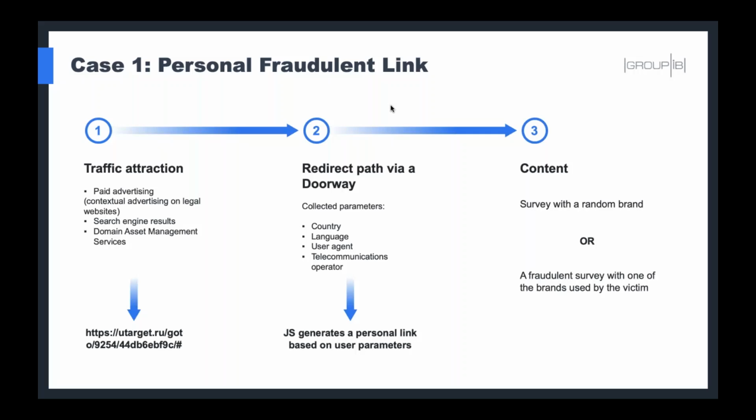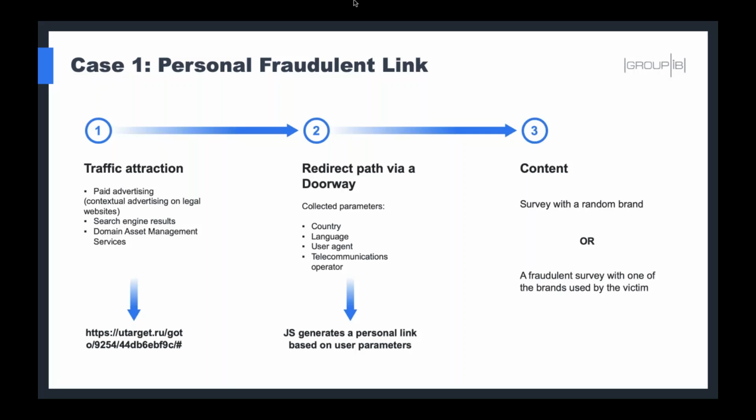But anyway, you, as a user, will face a link which you will tap on, and then you will go through a very interesting journey. At the left corner of the slide, you can see that the link is not a very popular one. This is utarget.ru.